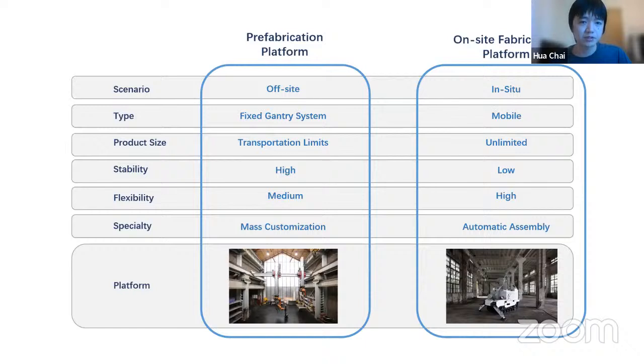The prefabrication platform takes a fixed gantry system, and it is developed targeting the mass customization of complex timber components. And the on-site mobile robot platform can really move on-site and conduct automatic assembly tasks.